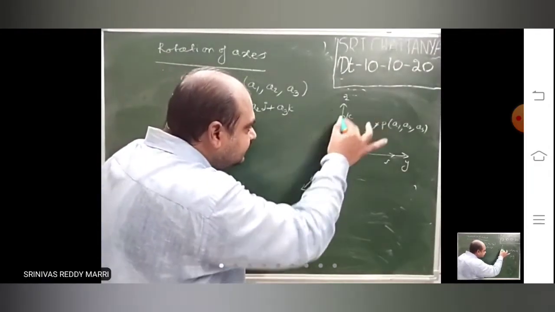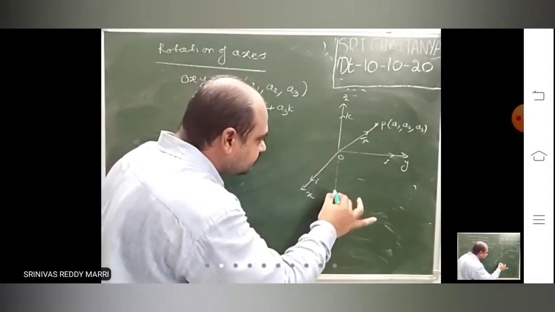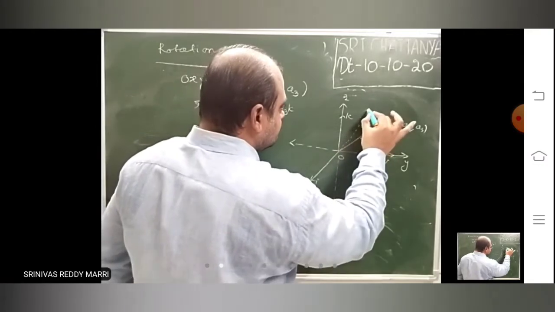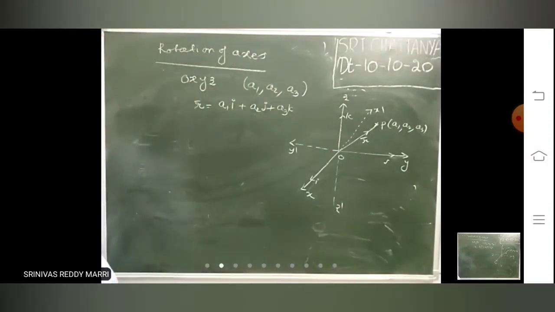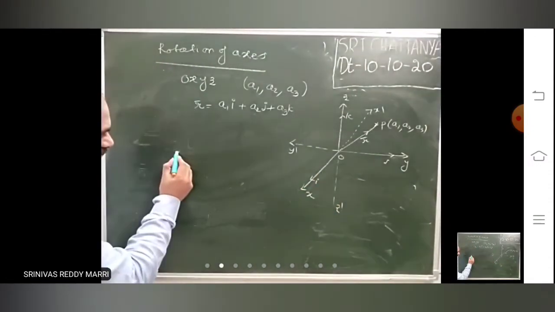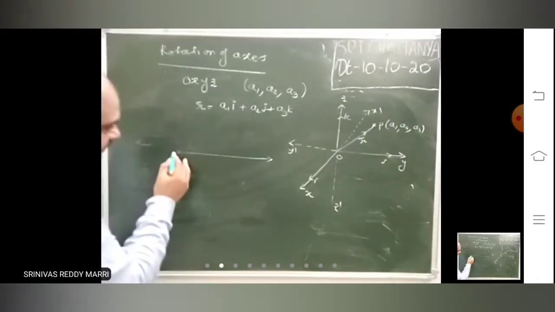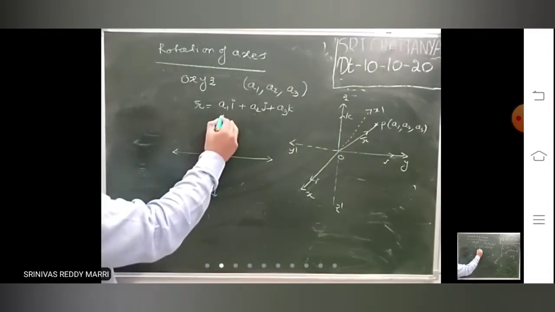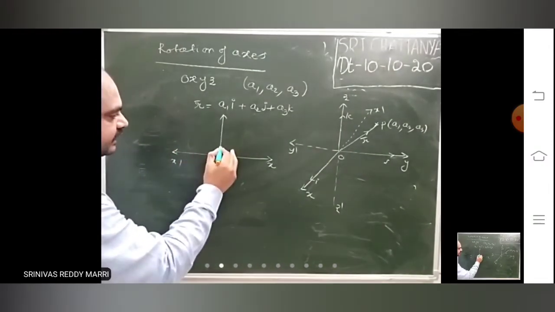The z-axis is fixed, so the z-axis stays as Z, Z dash. Without the z-axis, you draw the plane like this, just the XY plane.